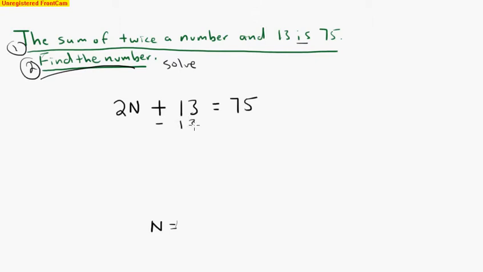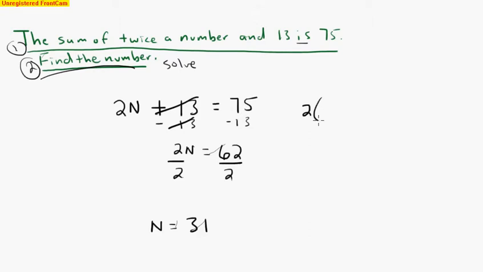Let's start by subtracting 13. What we do to one side, we do to the other to keep it an equation. Positive and negative 13 cancel out. 2n equals 62. Divide by 2. Divide by 2. n equals 31. You could always plug this back in.